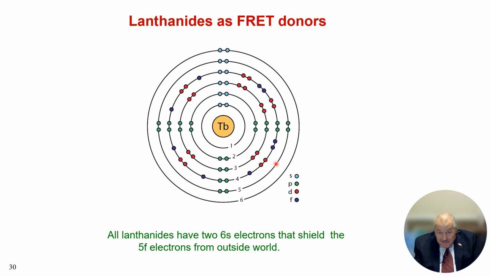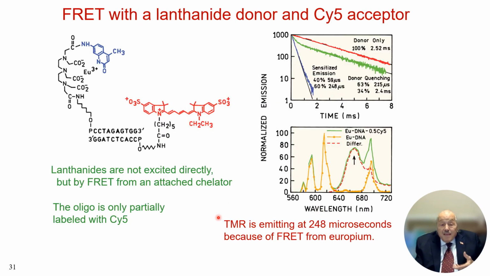Lanthanides. Lanthanides are also frequently used as FRET donors. They have electrons in the outer shell, which we described already, and that shields them from the outside world. Their behavior in energy transfer is quite interesting.